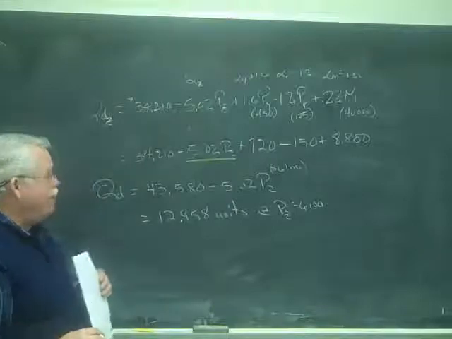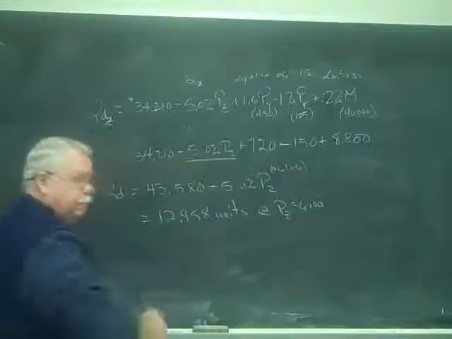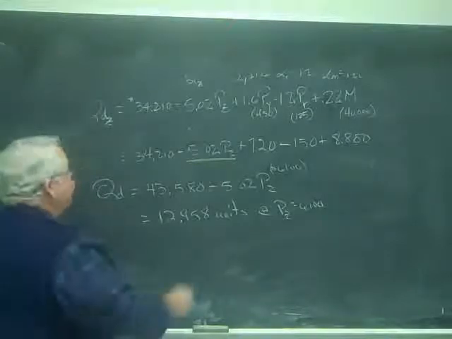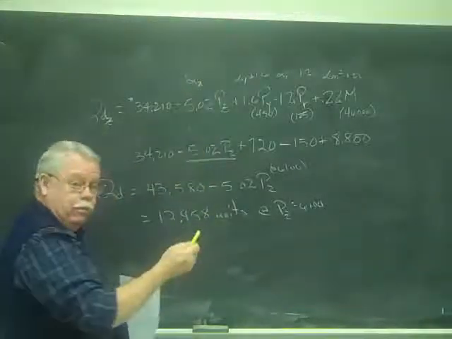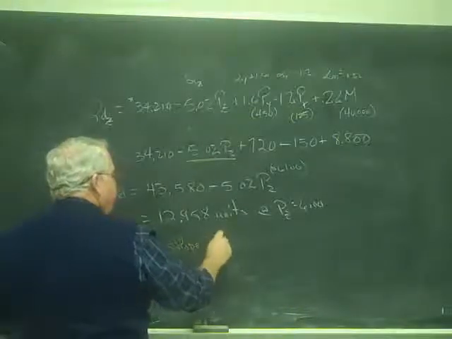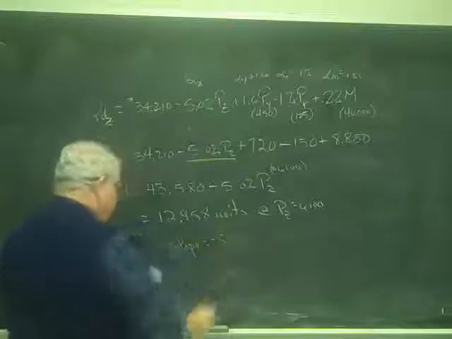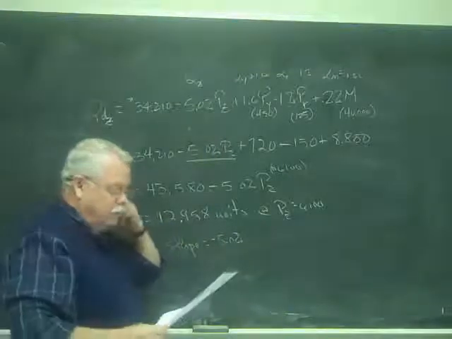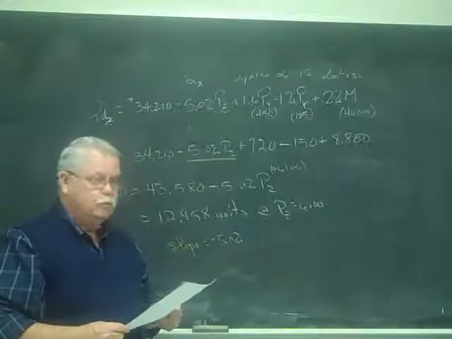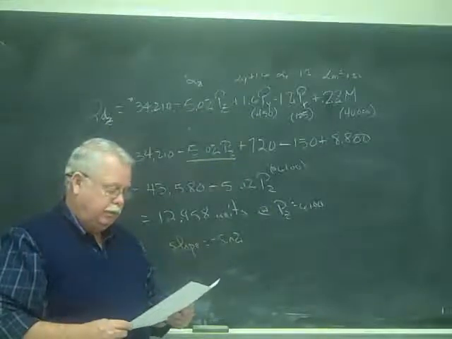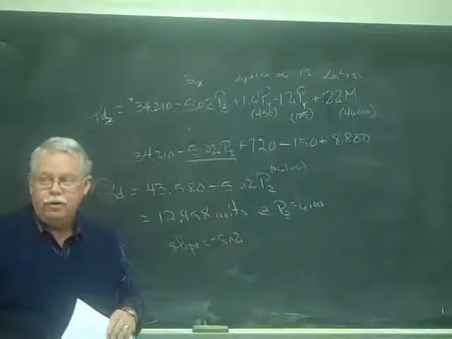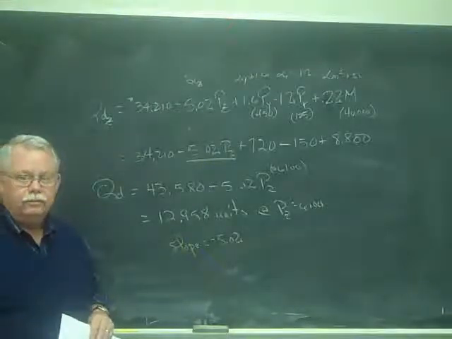What's the slope of the demand equation? Negative 5.02. Alpha Z is in fact the slope, because it's the coefficient in front of the price. So we know the slope is negative 5.02. Okay, I'm going to draw a picture here in a minute, so I'm going to have to erase all this stuff.